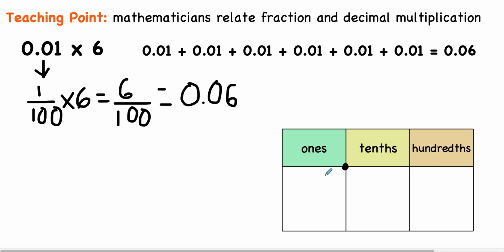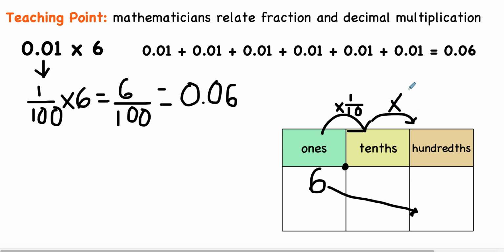I can also put my 6 in the ones place using a place value chart. And if I'm multiplying times 1/100th, I'm not just going one place value to the right, I'm actually going 2 place values to the right. Because every time you go to the right in a place value chart, you're multiplying times 1/10. So 2 would be times 1/10 times 1/10, or 1/100th.